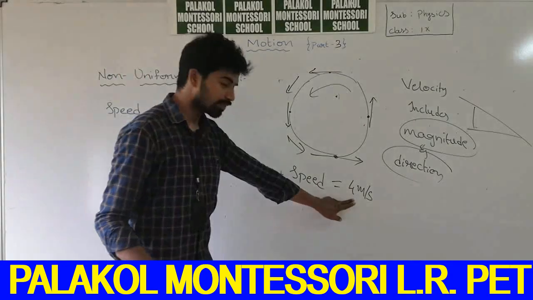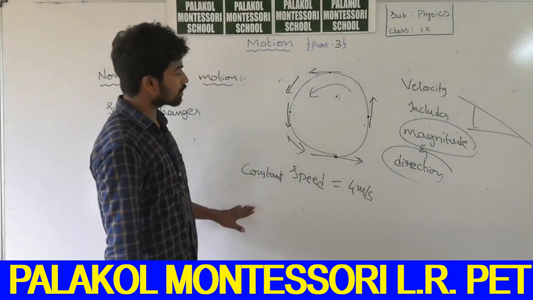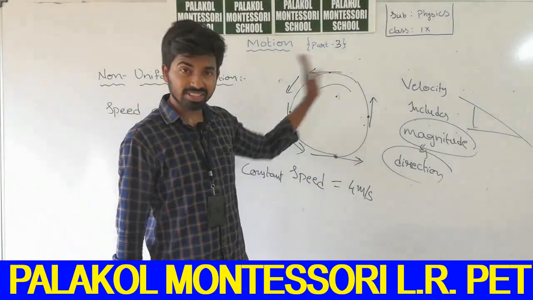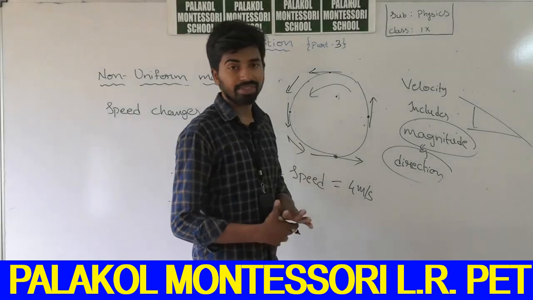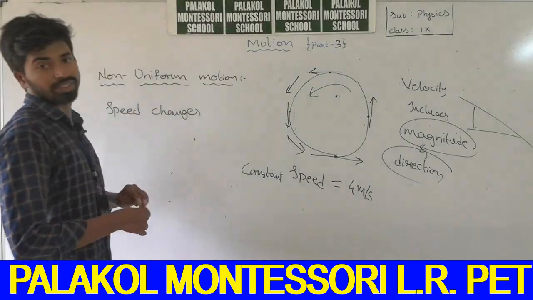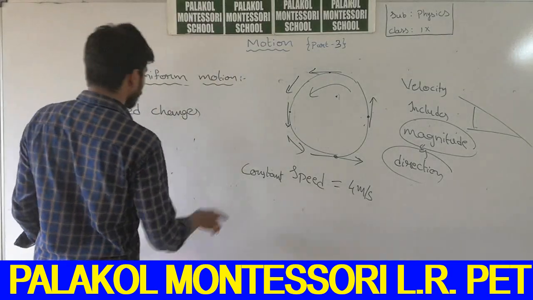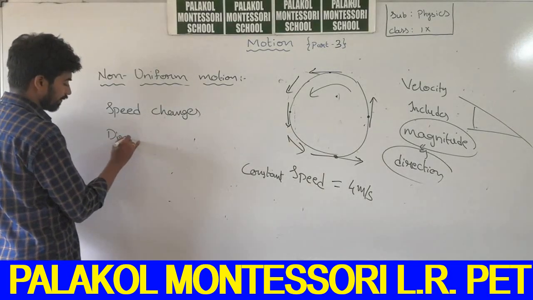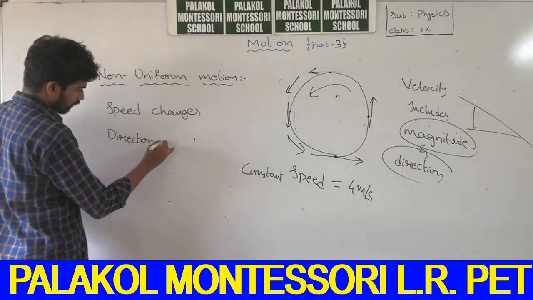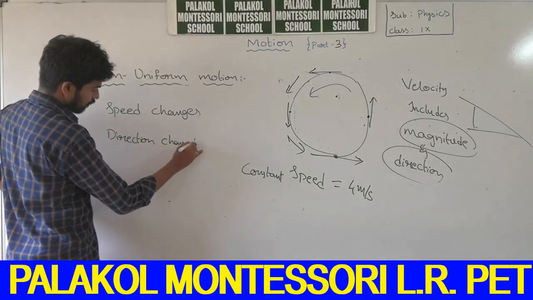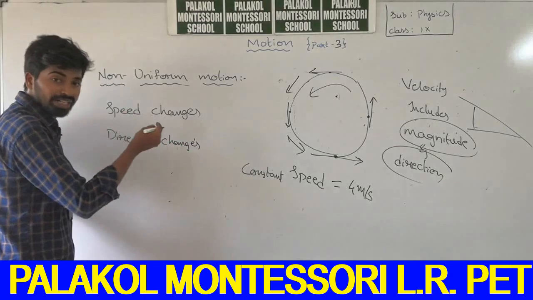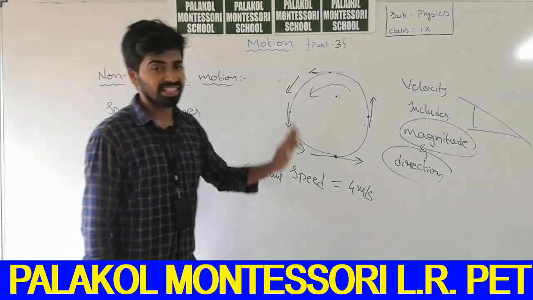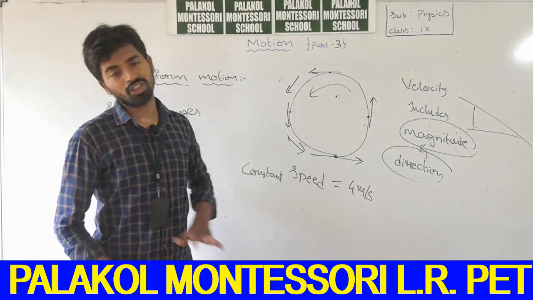Speed is constant, that means the magnitude is constant, but the direction is changing, and hence this is also a non-uniform motion. What is meant by non-uniform motion? If speed changes, then it is non-uniform motion; if the direction changes, then also it is non-uniform motion.